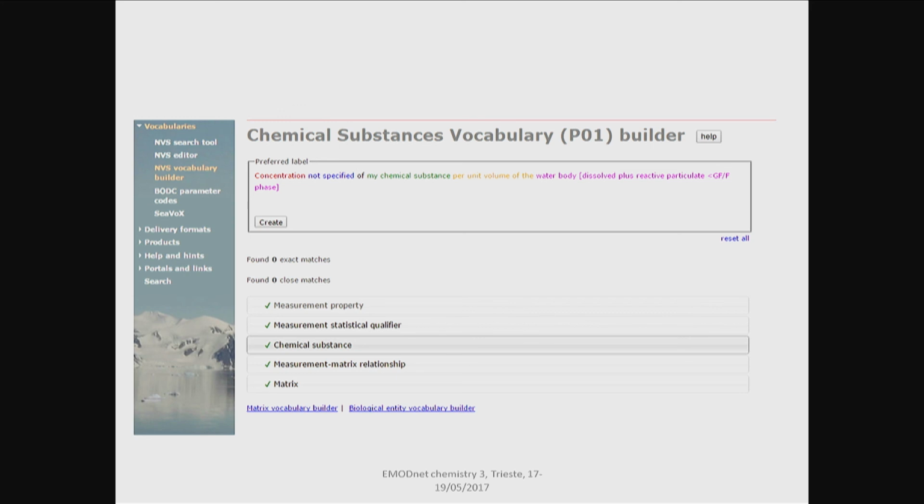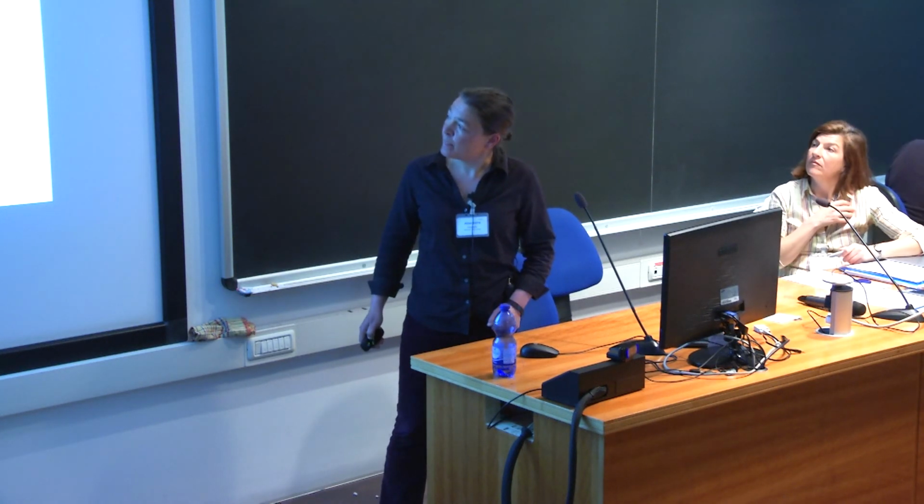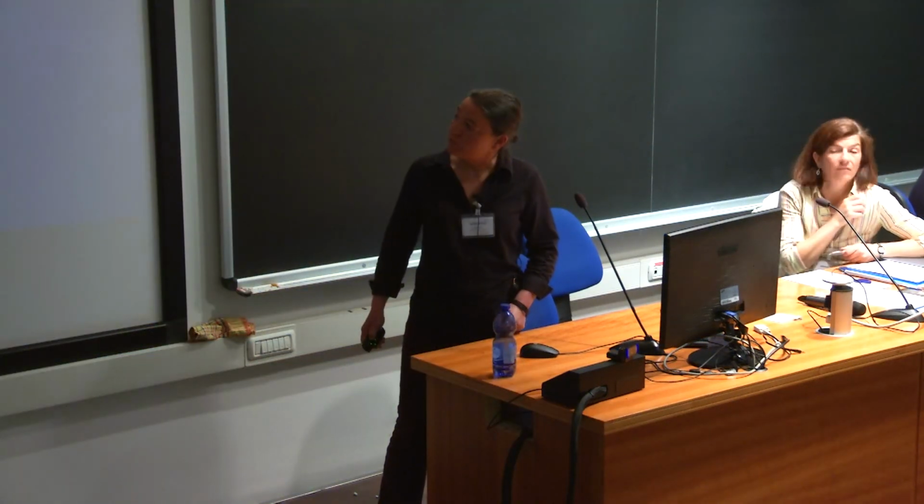And now we've got concentration, so not specified because I don't want a standard deviation or any statistical specification of my chemical substance per unit volume of the water body, etc. And then you've got the option to create it straight from that form. So I think that's it.